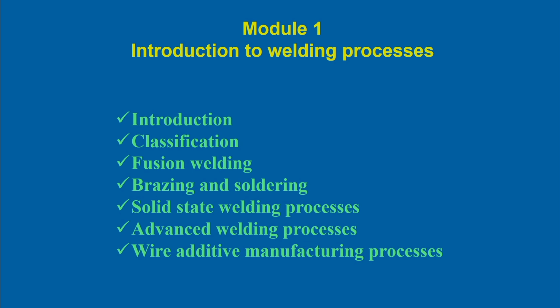So basically in this module we will look into the basics of the different welding processes. Of course, we analyze the welding processes from the perspective of the physics behind them, or the physical mechanisms associated with them, but it is not intended to give a complete description of each welding process and its advantages, not like that.